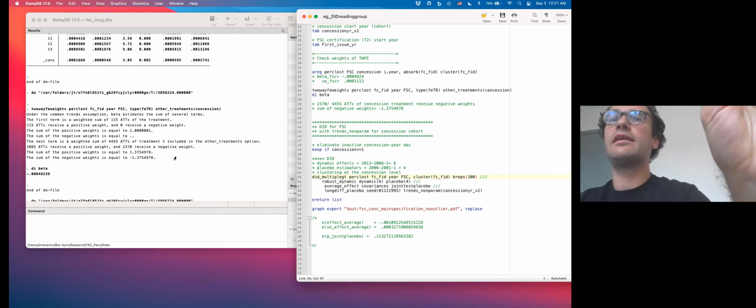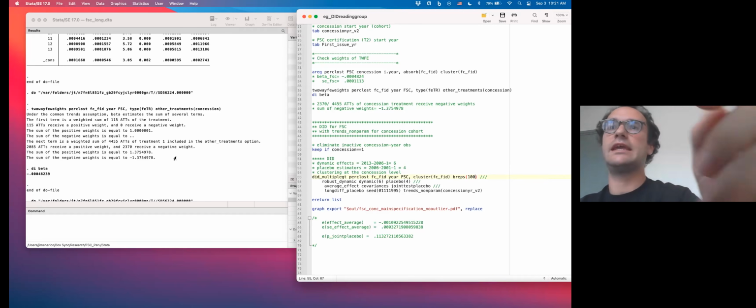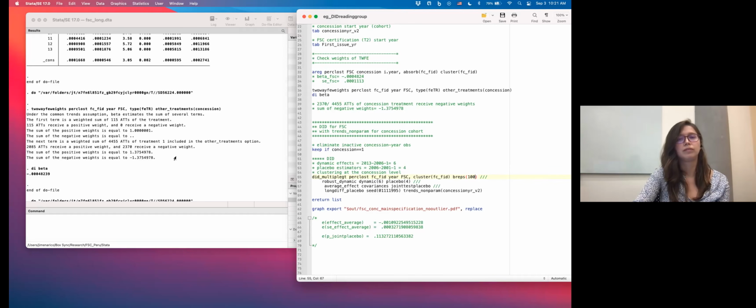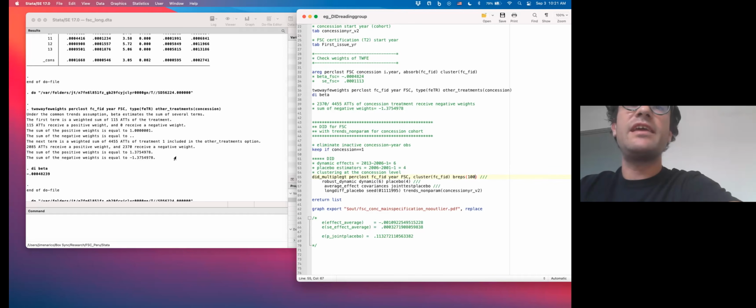The first one is a weighted sum of the effects of the first treatment in every concession times year. It's a weighted sum of 115 ATTs of that first treatment, and 115 receive a positive weight and 0 receive a negative weight. So you don't have any negative weights in that example.